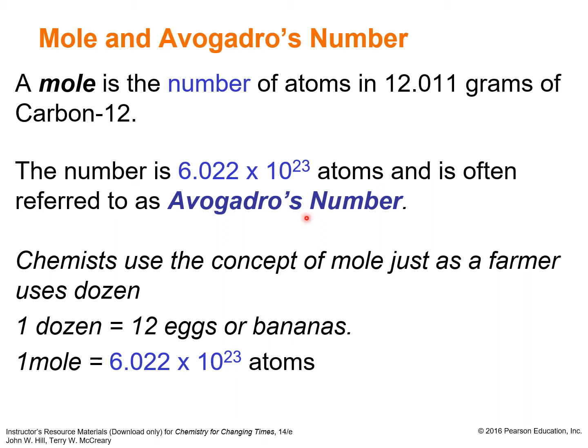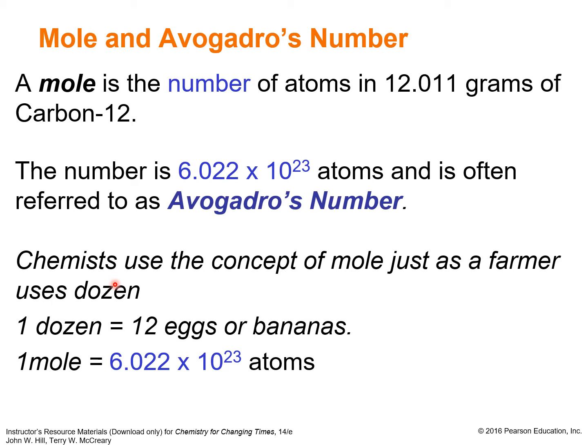This number is also referred to as Avogadro's number, named after the person who did the calculations to find this number. So all of you should know what Avogadro's number is, which is 6.022 times 10 to the power of 23. How do chemists use this? A good analogy is that everyone knows a dozen corresponds to 12.